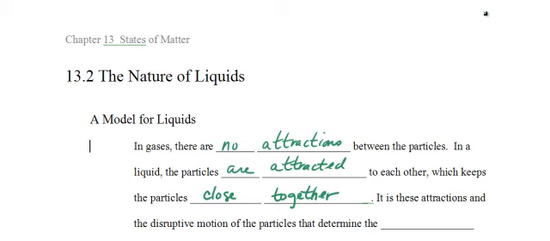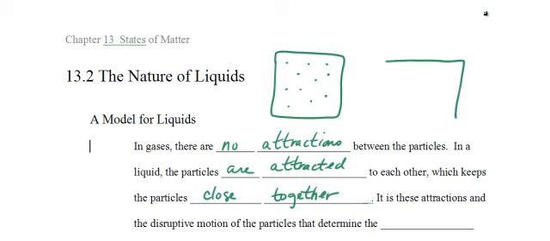So here's the deal. If you have a container with gas particles, and we'll just make them as little dots, as opposed to a container with a liquid in it, we'll just make wavy lines just so that we know that it is in fact a liquid.